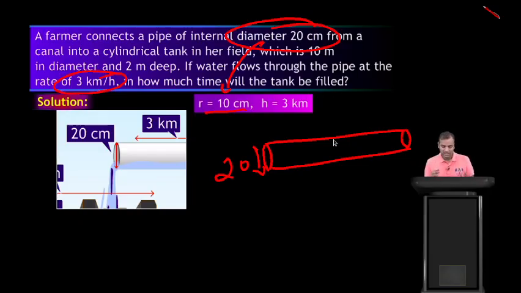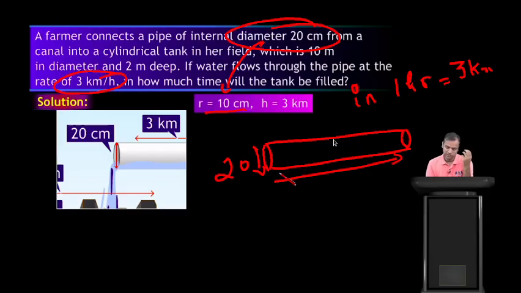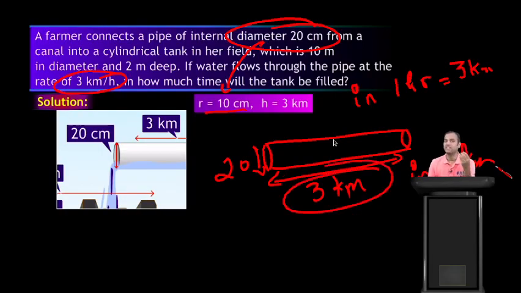What does it mean? It means that in 1 hour it covers a distance of 3 km. So if we take the water flowing in 1 hour, the length of the water will be 3 km. So we can take this 3 km as the height or length of the cylinder.